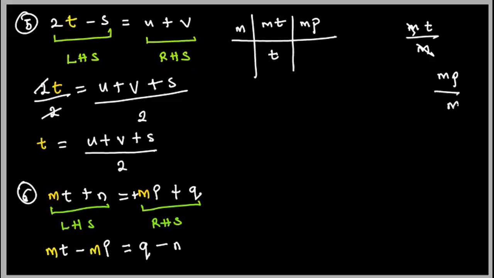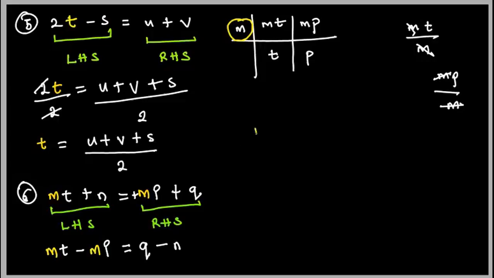Mp divided by m, m will cancel m here, and I have p left. Now, what can divide t and p at the same time? Nothing can divide, so we stop. This is the HCF. While stopping here, you observe that the only thing that can divide both terms at the same time is m. And this is why I said m is common to these two terms.